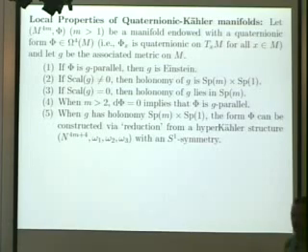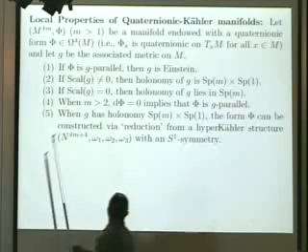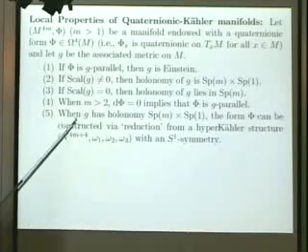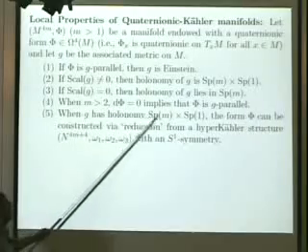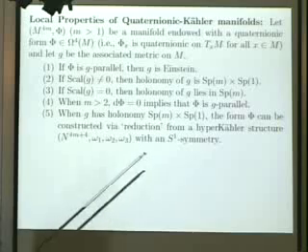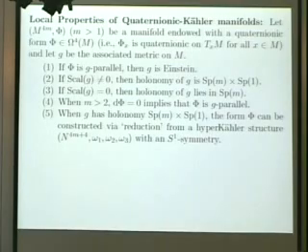And here's the other reason that the quaternion-Kähler case doesn't get as much attention. It's because it turns out that if you do have something with holonomy Sp(m)Sp(1), then this form can actually be constructed from a one higher dimensional hyperkähler structure in a canonical way.